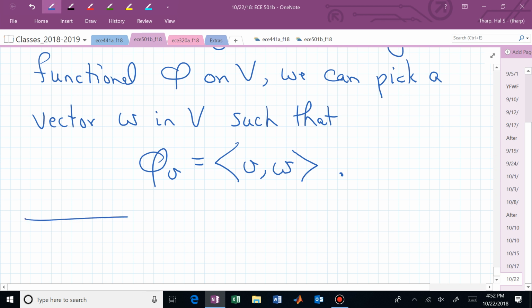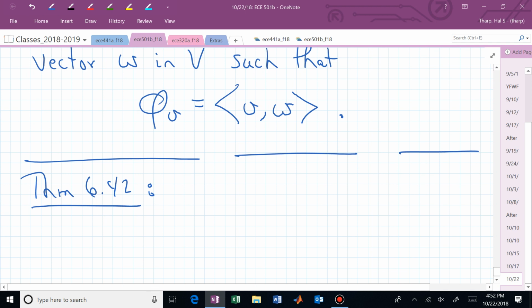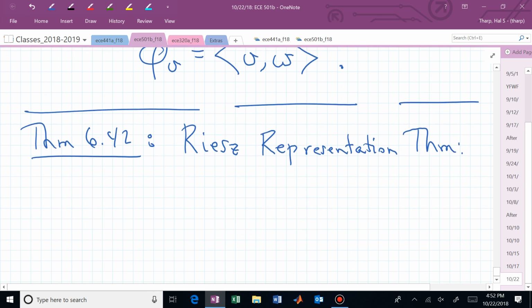And this actually gives rise to a theorem. In chapter 6, this is called the Riesz representation theorem. And it goes as follows.